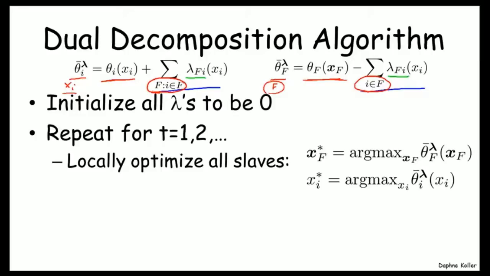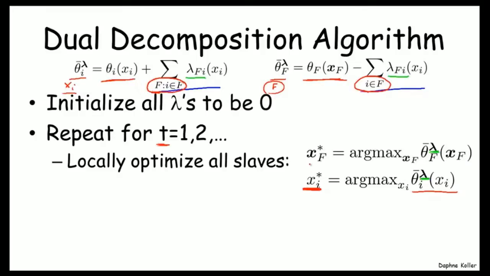At each iteration t, each slave optimizes its current objective. So the ith slave optimizes theta i hat lambda, where lambda is the current set of penalties. And that gives it an assignment which we're going to call xi star.